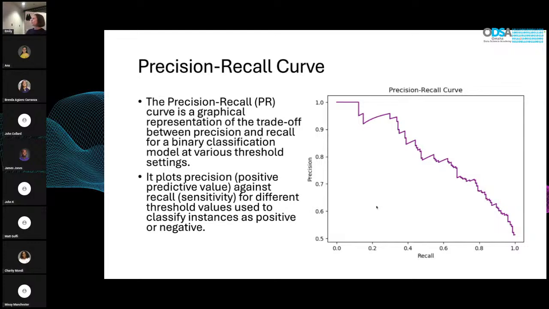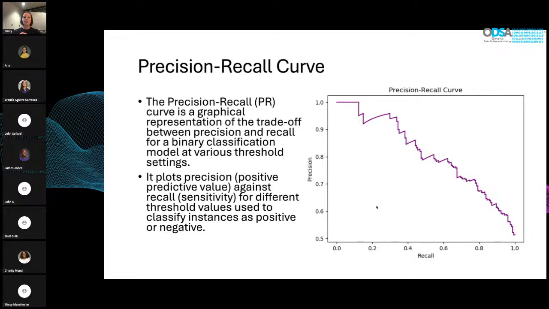Okay, precision recall curve. The precision recall curve is a graphical representation of the trade-off between precision and recall for binary classification problems. That's the domain we're going to talk about it here. For various threshold settings.